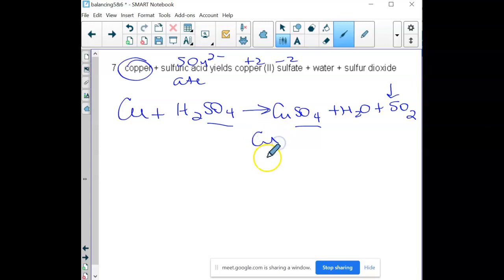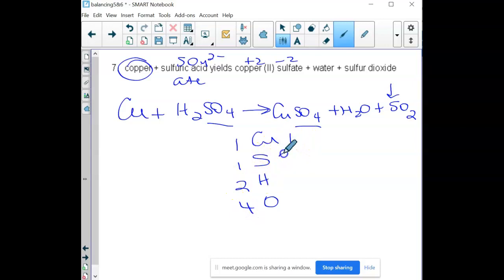We're going to do Cu, S, H, and O. I still would suggest leaving H and O second to last and dead last, but we can't do sulfates because if I put SO4 here, then this S with the sulfur dioxide will have nobody to balance with. So I have to break it down to old school single elements. You can always balance this method, but if you do it with the polyatomics, it often makes it way faster to balance. So we got 1 copper on the left, 1 sulfur, 2 hydrogens, 4 oxygens.